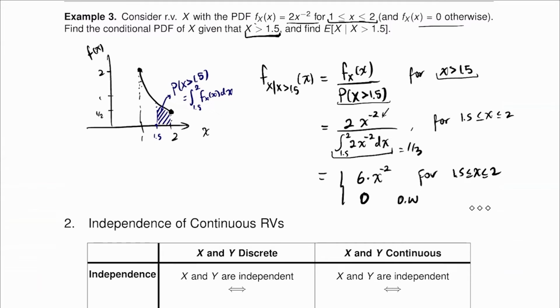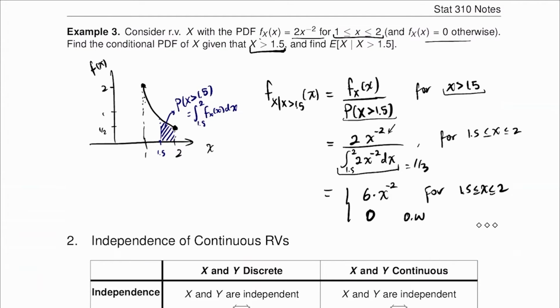Okay, now to calculate the expected value, let's do it here. The expected value of x given that x is greater than 1.5.